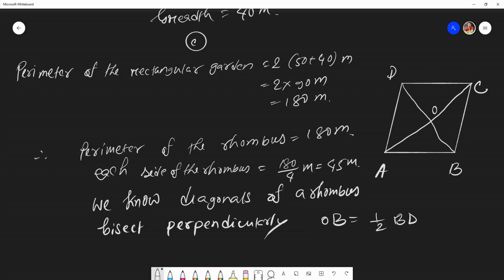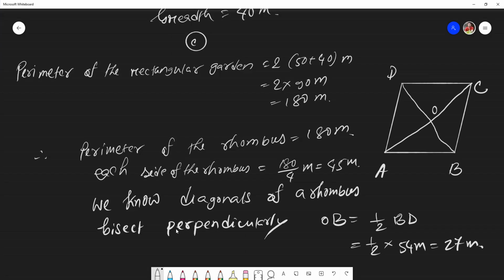BD is given here 54. According to question, BD is given here 54. One diagonal, 54 meter, half of that is 27 meter.